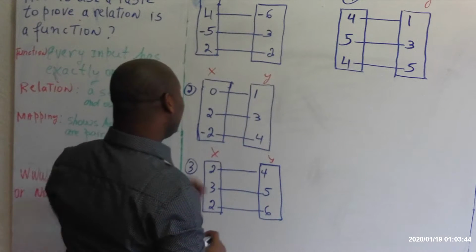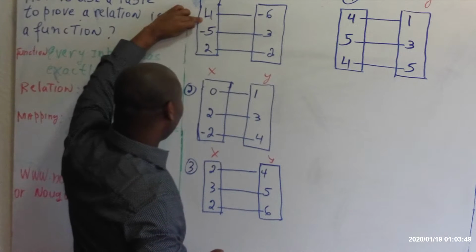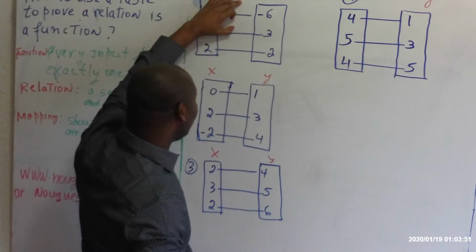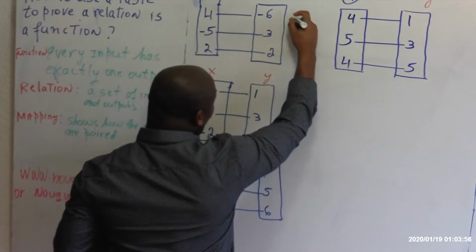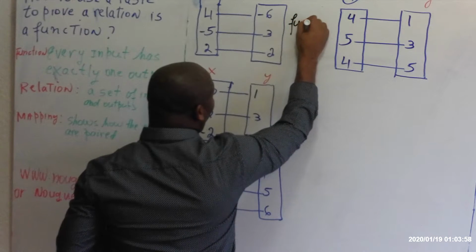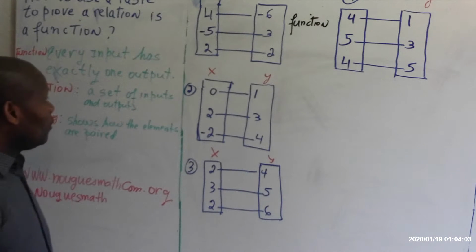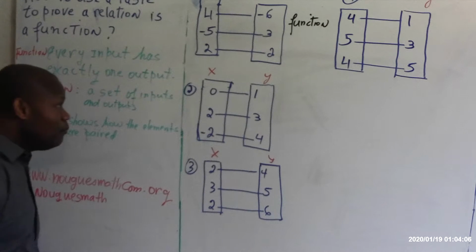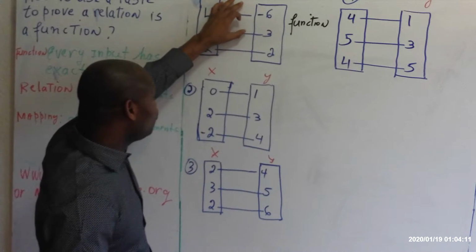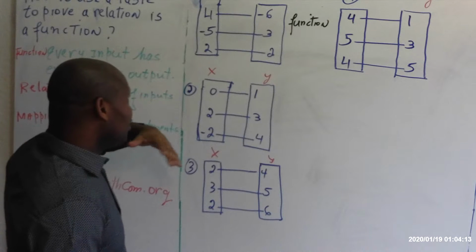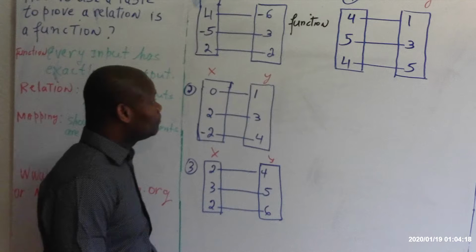Because every x has exactly one y, we can see this table is a function. The first table is a function. So it's simple. If you see every x has exactly one y, you can quickly say this relation is a function.